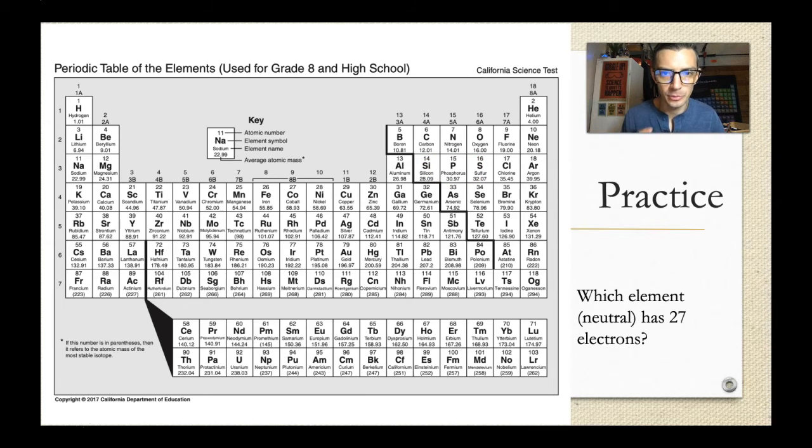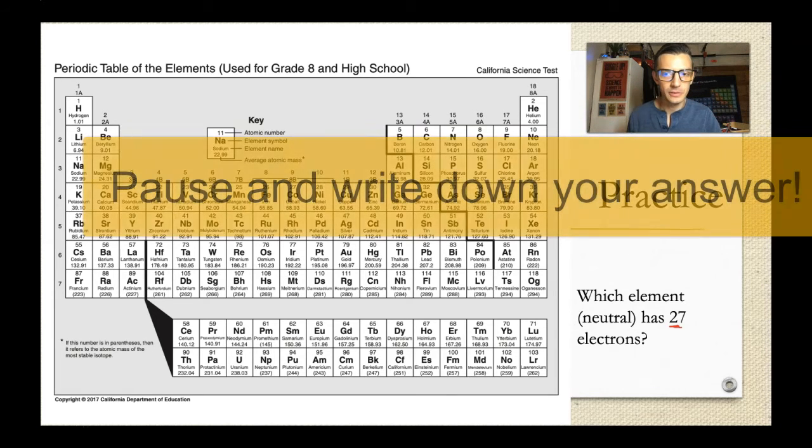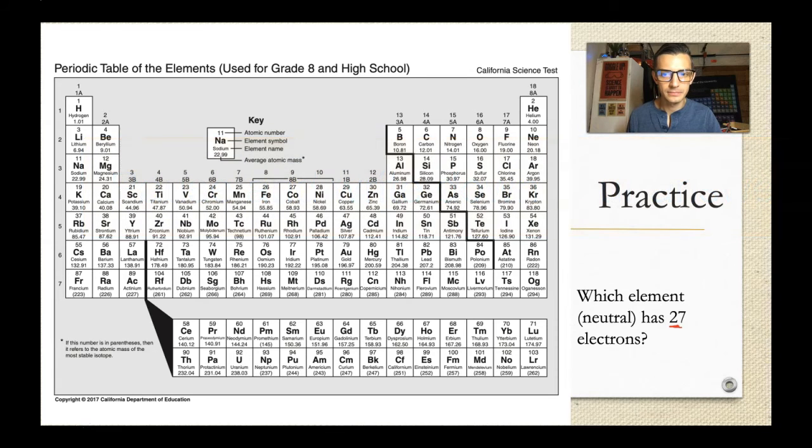Okay. Which element that's neutral, all elements are neutral, by the way, if they're considered elemental, has 27 electrons? Well, wait a second. I never talked about electrons. See if you know the answer, even though we never talked about electrons. Okay. Now, even though I never said electrons, if it's neutral, the electrons have to balance the protons.